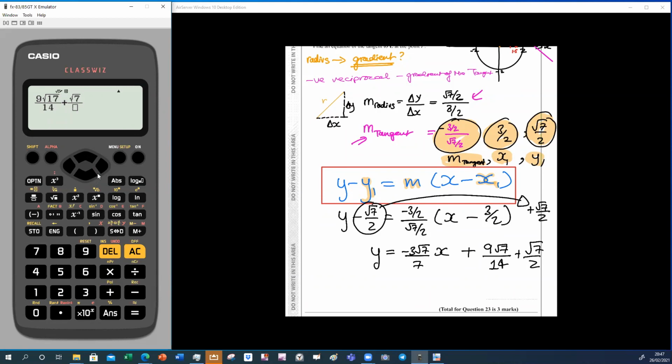Is it 9 root 7? Yeah, 9 root 7. Okay, now press delete. Is that better? Okay, so is that it? Yeah. Equals.